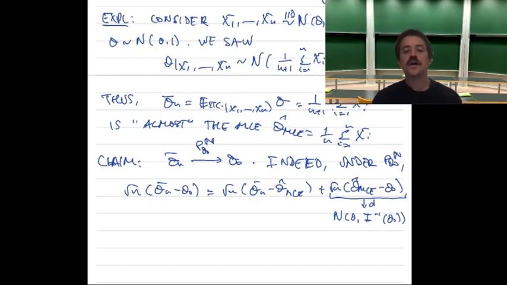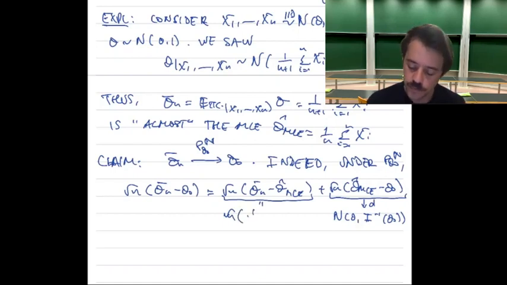Okay, so that's regarding the second term. Then what about the first term? Well, the first term is actually pretty simple, right, to analyze. So this we can rewrite as n plus 1 minus 1 over n of the sum.